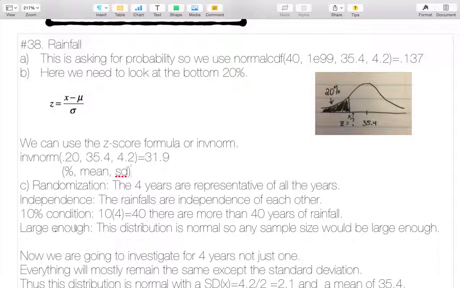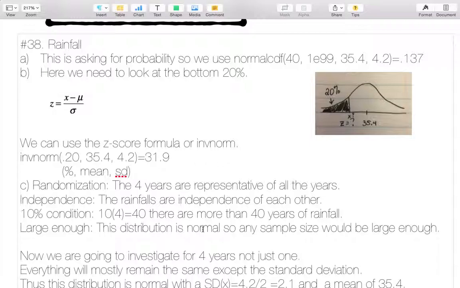Large enough condition, in this case we don't want it to be too small, so it needs to be large enough. The distribution is normal. Remember, it told us to begin with that we can assume the normal model applies to this group, so any sample size would be large enough in this case because the population is assumed to be normal.